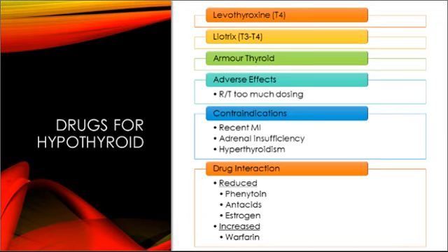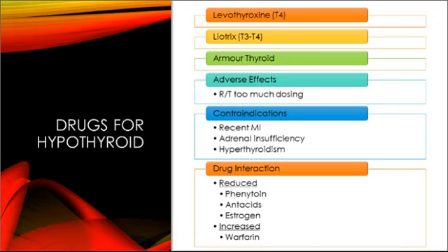If their levels get too high, they're going to have hyperthyroid symptoms, and that can be dangerous and life-threatening, put them in arrhythmias or irregular heart rhythms that can be life-threatening. Contraindications for taking are recent MI, not because that they've had a heart attack ever in their life, but just recent, adrenal insufficiency, and obviously if they're hyperthyroid, you don't want to give them more thyroid hormone.